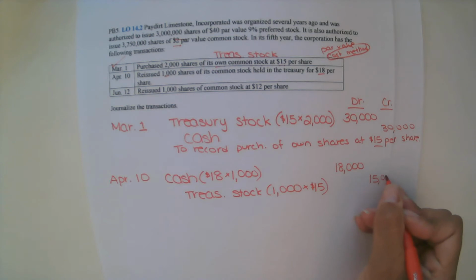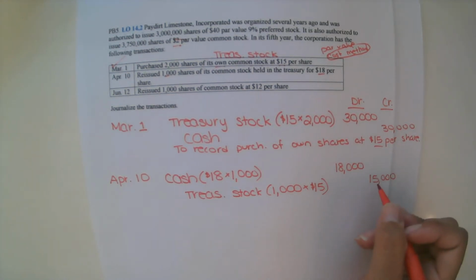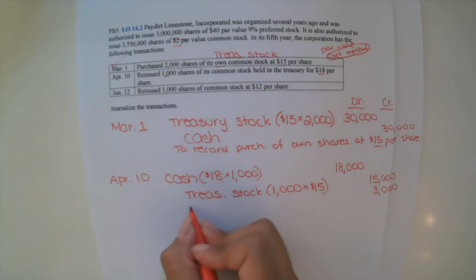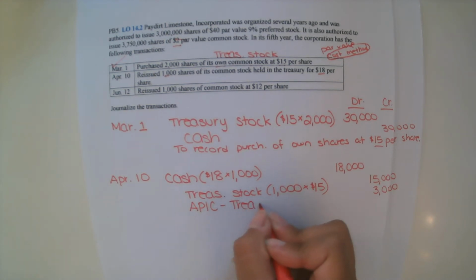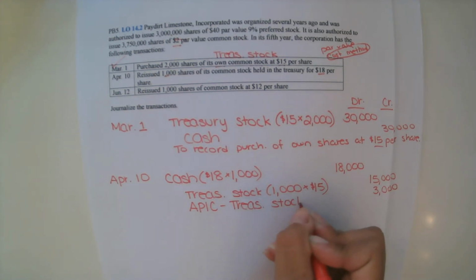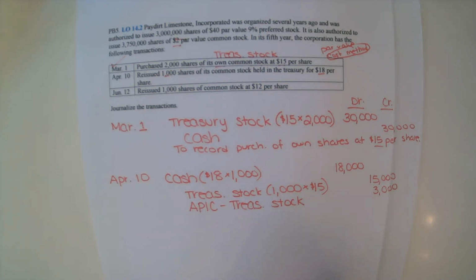So we're going to reduce it for 15,000. We obviously have a difference here between our debits and credits. We know that debits and credits have to balance. So the difference goes to our additional paid in capital account for treasury stock. So this account tracks the excess of the market price over our cost with respect to this treasury stock.